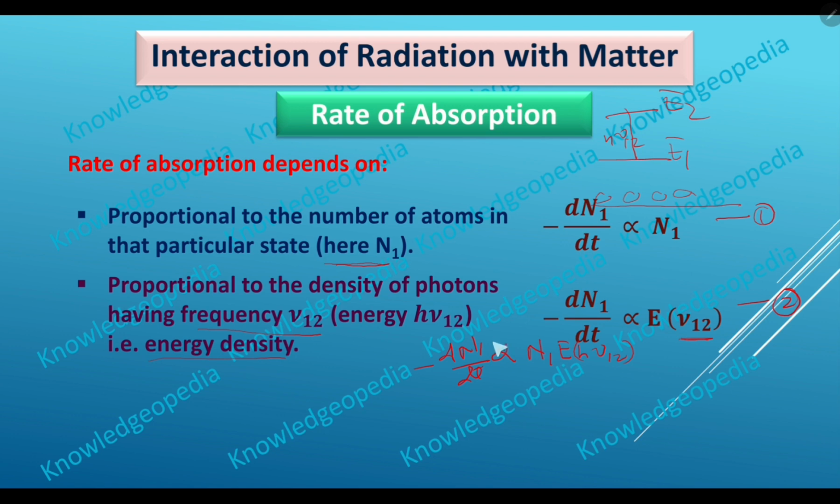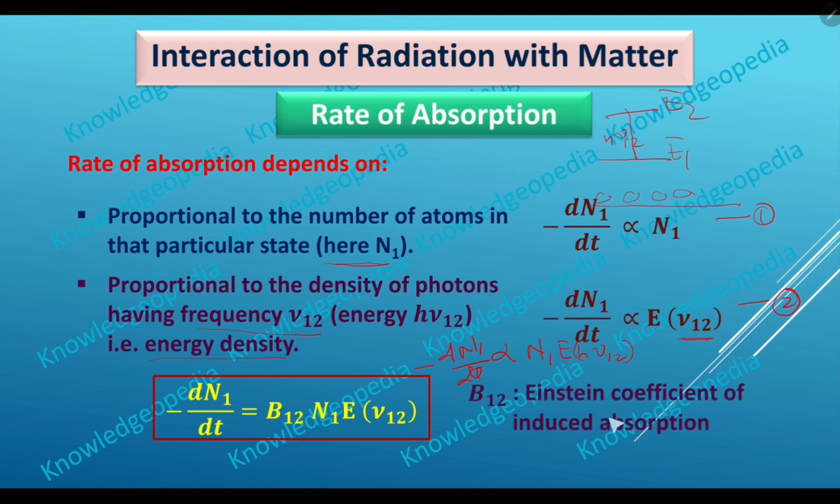If I remove this proportionality sign, then I have to multiply this quantity with a constant factor. So I can write minus dN1 by dt equals B12, this is the proportionality constant, N1 E nu12. And this proportionality constant is known as Einstein coefficient of induced absorption.